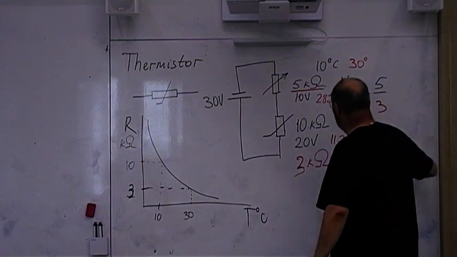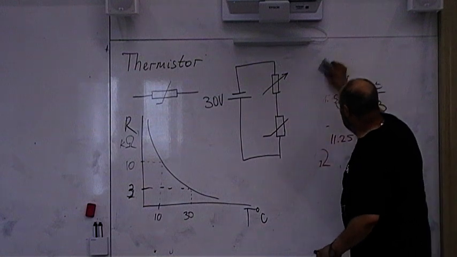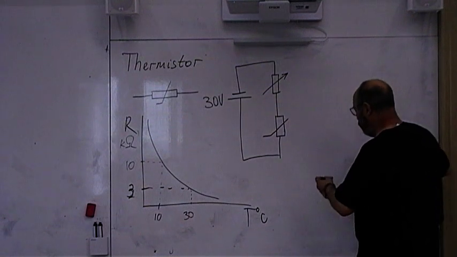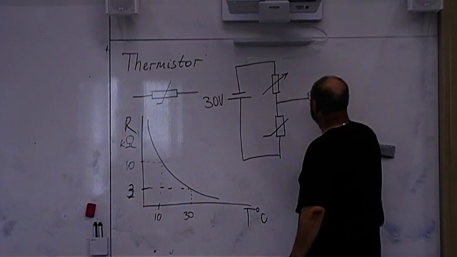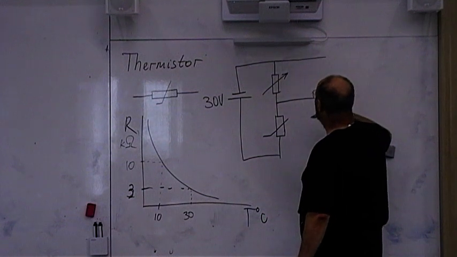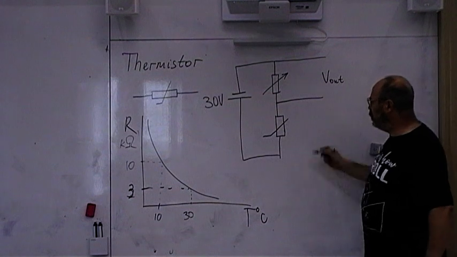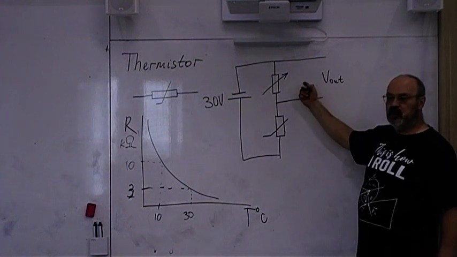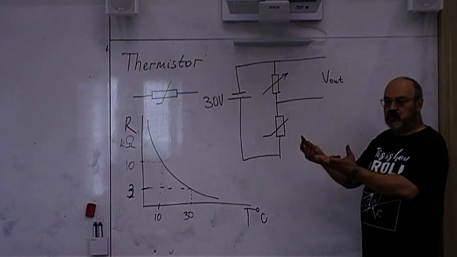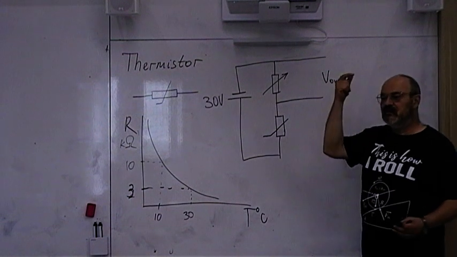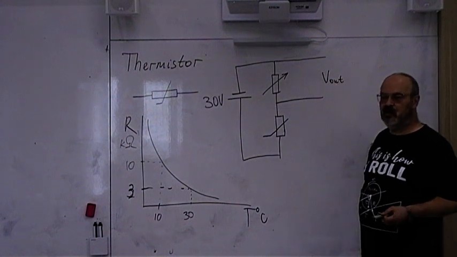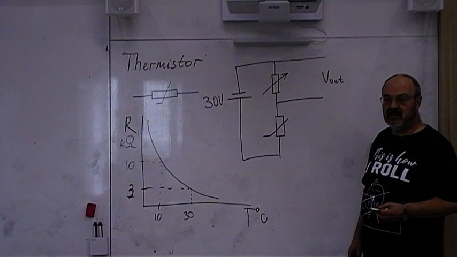Yeah. So what we do, we connect here some switch that will be the voltage out. When temperature increases, we'll have more and more voltage here until it reaches a certain value, when it clicks and turns on the air conditioner automatically.